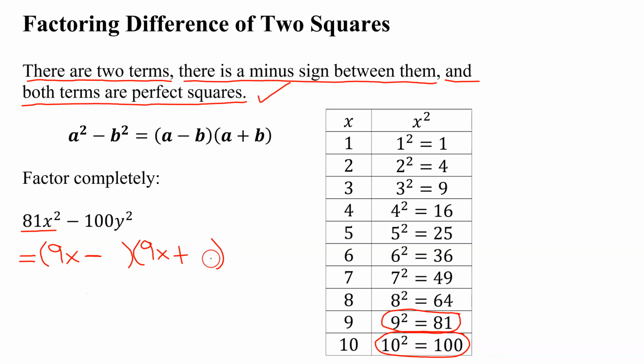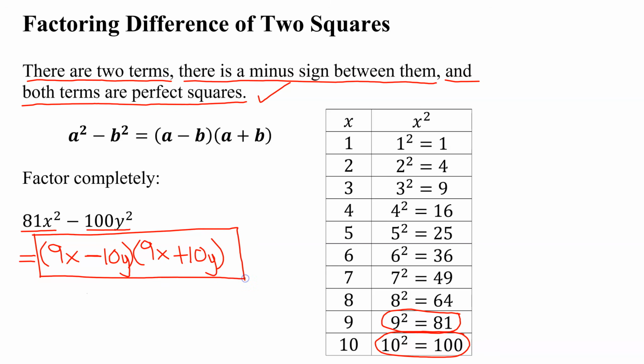And the second term in each binomial is the square root of 100y squared. The square root of 100 is 10, and the square root of y squared is y. So I'm going to have a 10y as the second term in each binomial.